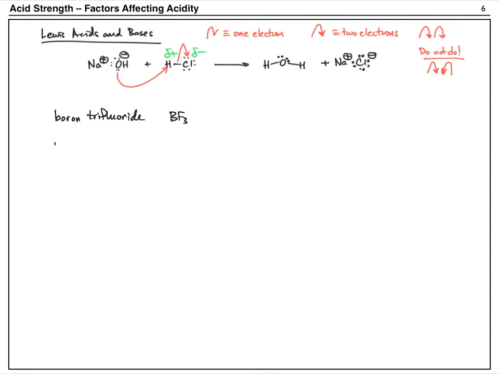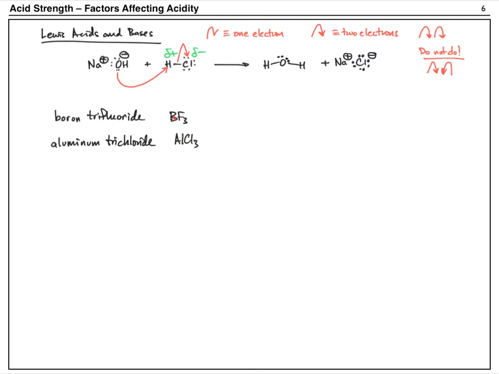Another one is aluminum trichloride. So these are pretty common ones that we will use. And the unifying feature of both of these is that they are both electron deficient, so they do not have an octet.